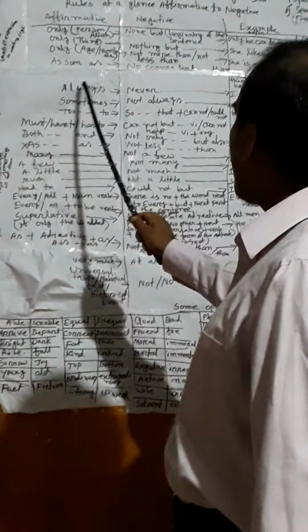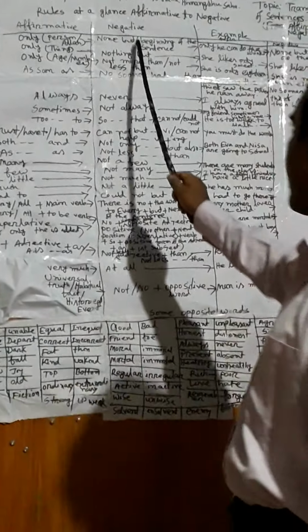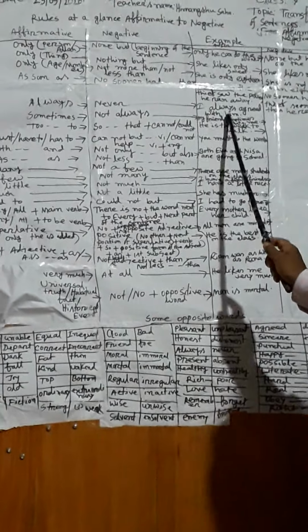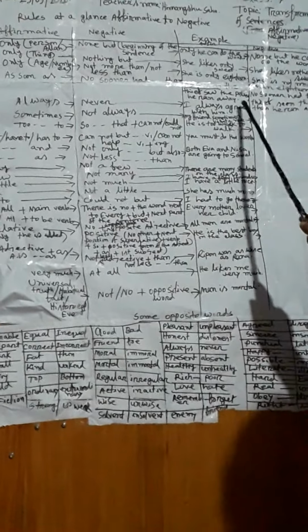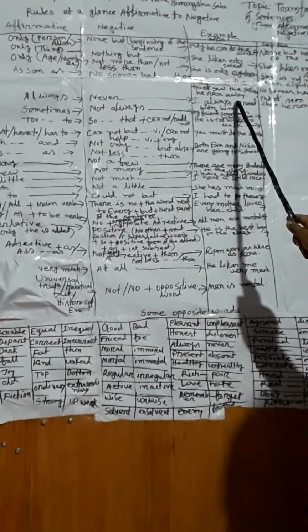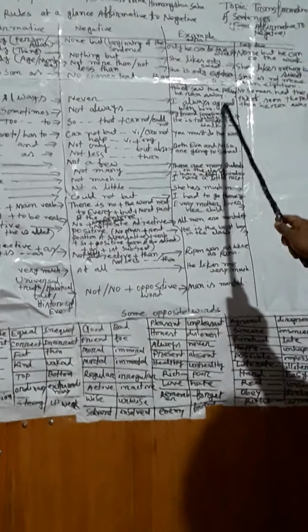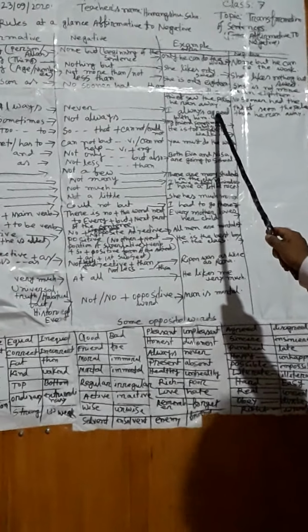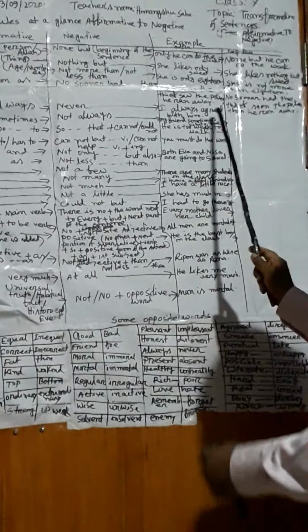If you find always in an affirmative sentence, then you have to use never in a negative sentence. For example, "I always agreed with him." For your kind information, I will add one thing: you have to use the opposite word here.